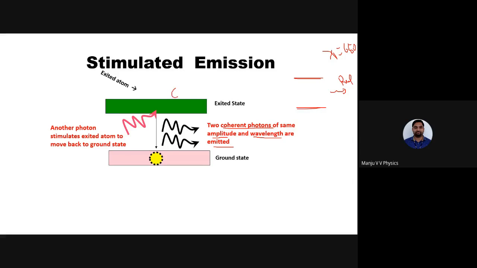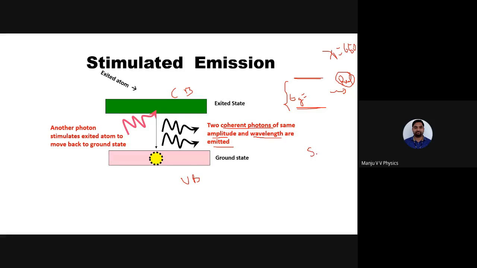It means this is the conduction band, this is the valence band, right? So the difference between conduction band and valence band is called what? Energy gap, right? This energy gap should be varied. Yes, very good. This energy gap should be varied in order to vary the color of a laser beam.